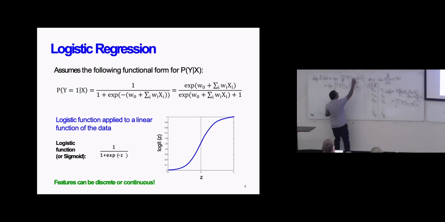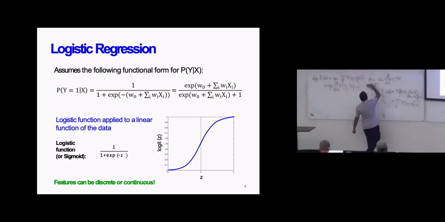Okay, xj, yj, and this j goes over 1 to the number of data points n in your data set. So let's first see what this function looks like.